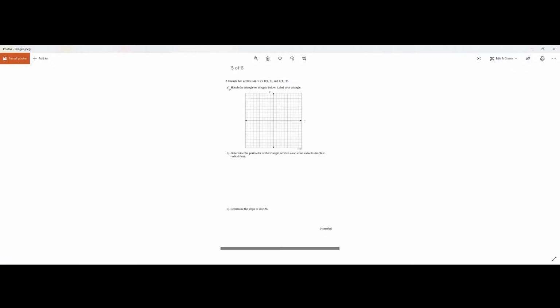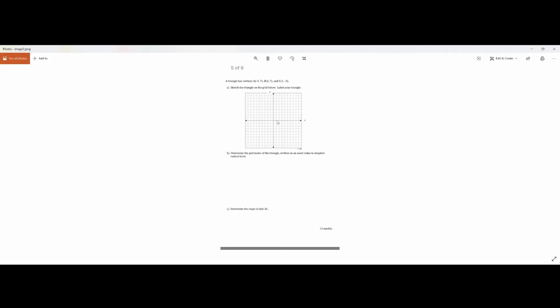So for this, a triangle has vertices A(-4, 7), B(6, 7), and C(1, -3). So what you need to do is first plot these points. So -4 and 7 would be here. And then B, 6 and 7, which would be there.